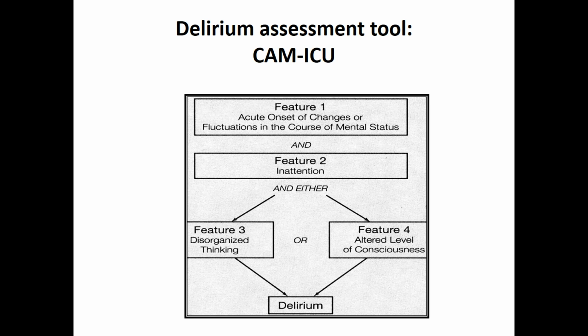Without those two features, you cannot call what you're observing delirium. And then you have to have one of the other two features of either disorganized thinking or an altered level of consciousness. Lacking one of those features, you can call it potentially something known as subsyndromal delirium, but for the purposes of this talk, we'll just talk about the more established diagnosis with all of its associated features.